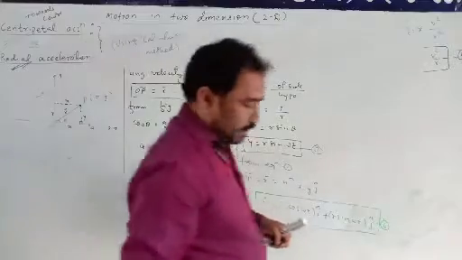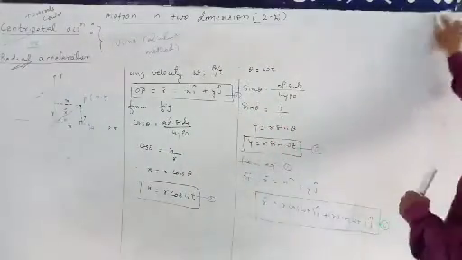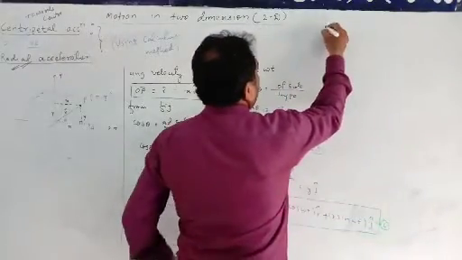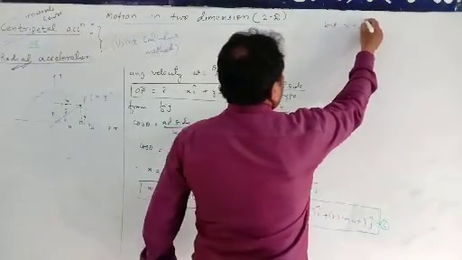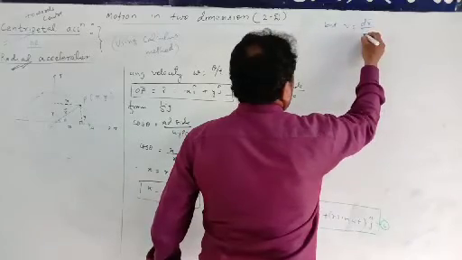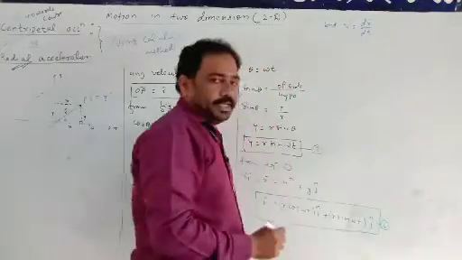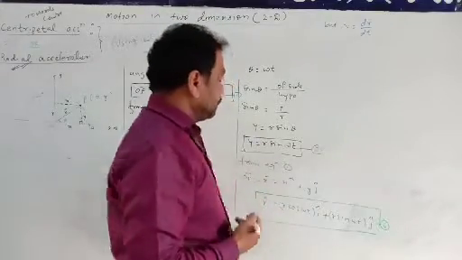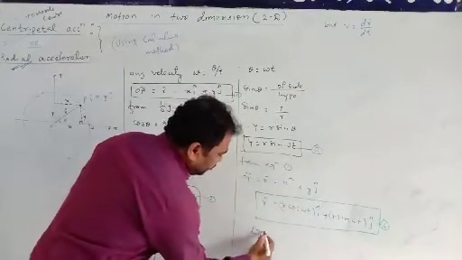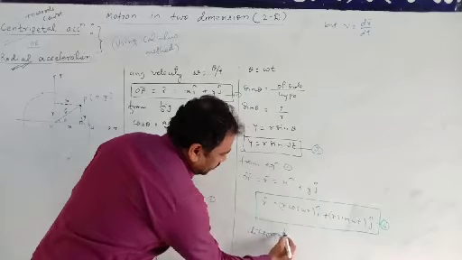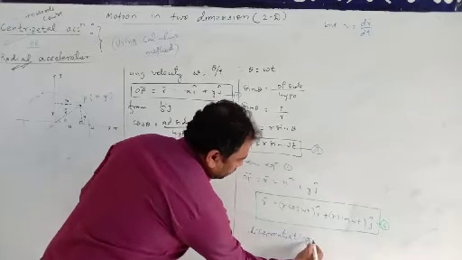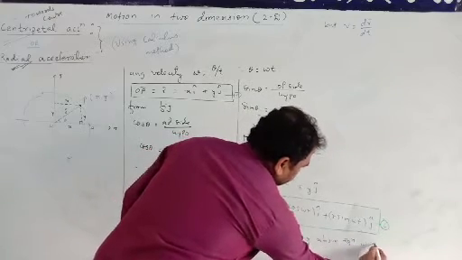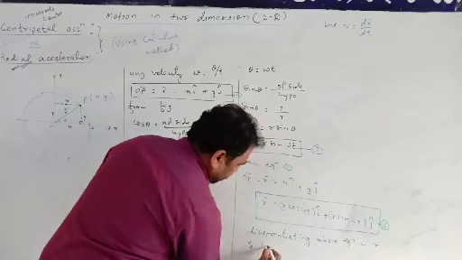Now we know the velocity. How can we calculate the velocity? Velocity is equal to what? Derivative of this r, means dr by dt. So dr by dt stands for the derivative, so we can differentiate this equation with respect to time.